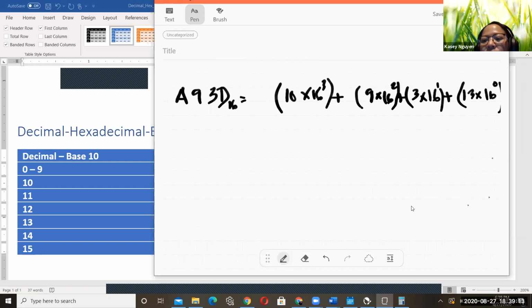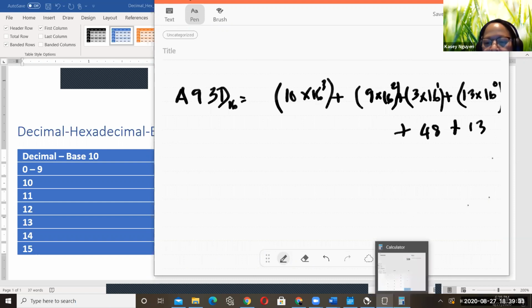Okay, so we know that this is 1 right here because it's the 0 power, so you would have plus 13 back here. And then 3 times 16 should give you 48, plus, and then this is 256 times 9.